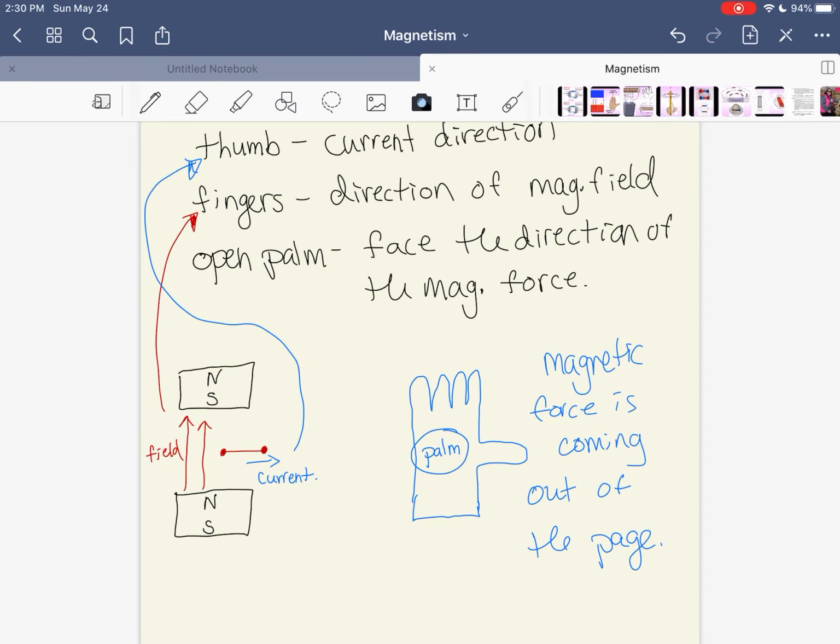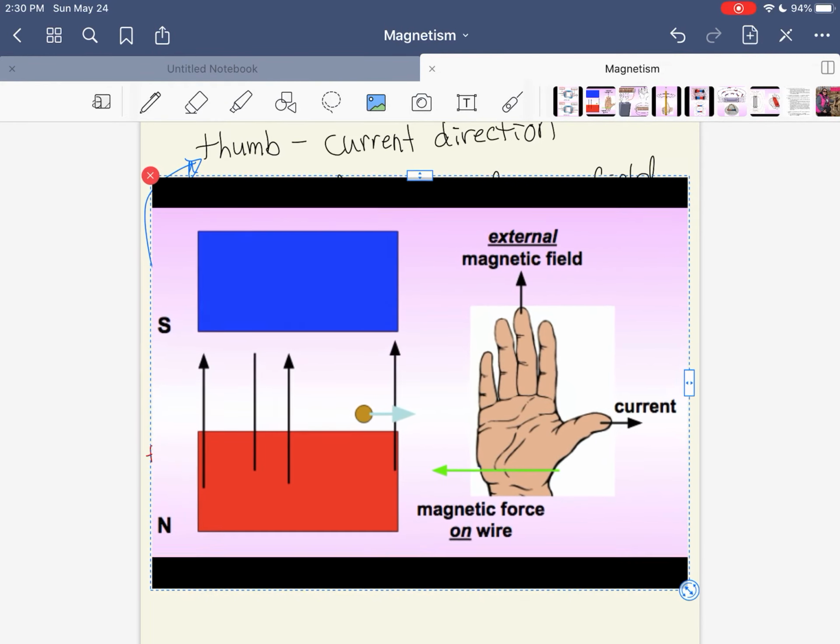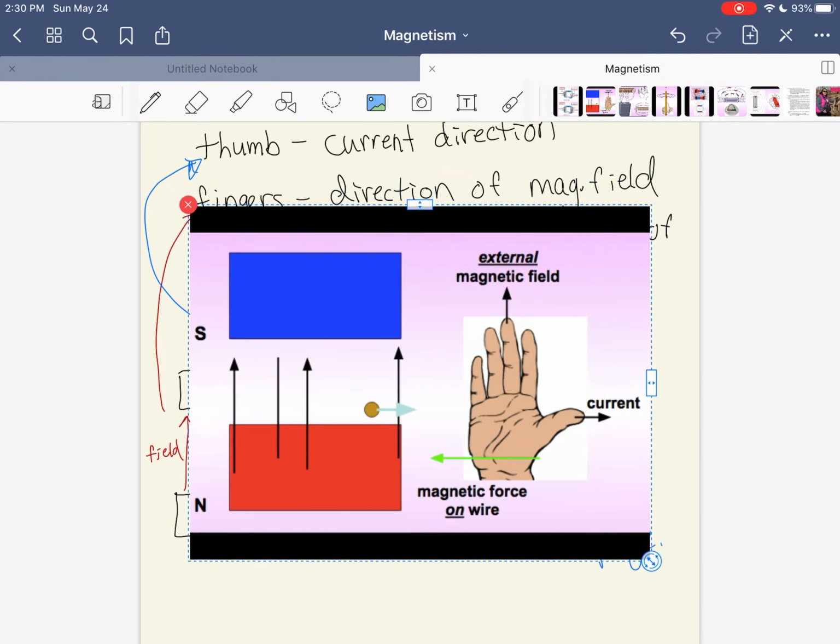Now, I do have a better picture of this. If we look at this picture, it's going to look a little bit better. We have our magnetic field lines going up. We have current on our wire going to the right. And so our right hand, our palm, is facing out, and that's the direction for our magnetic force.